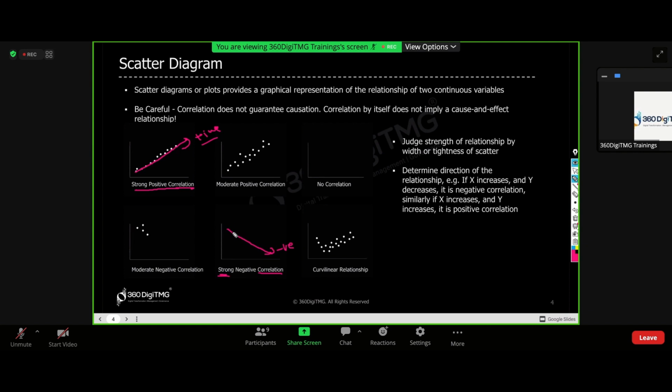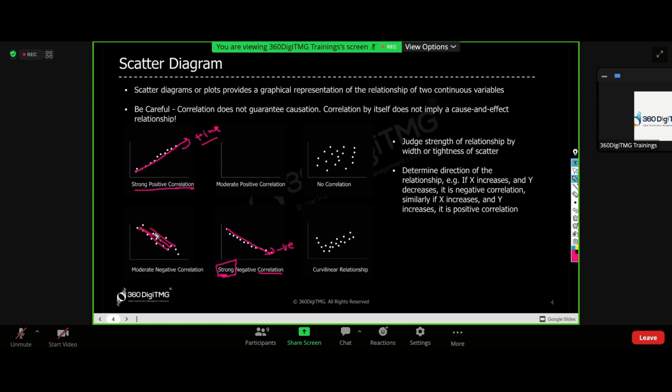The data points are distributed along a single line. But here, if you see, the data points have been distributed along multiple lines. So if data points are distributed along a single line, then I will say it's a strong correlation. They are strongly correlated. They are following a straight pattern.